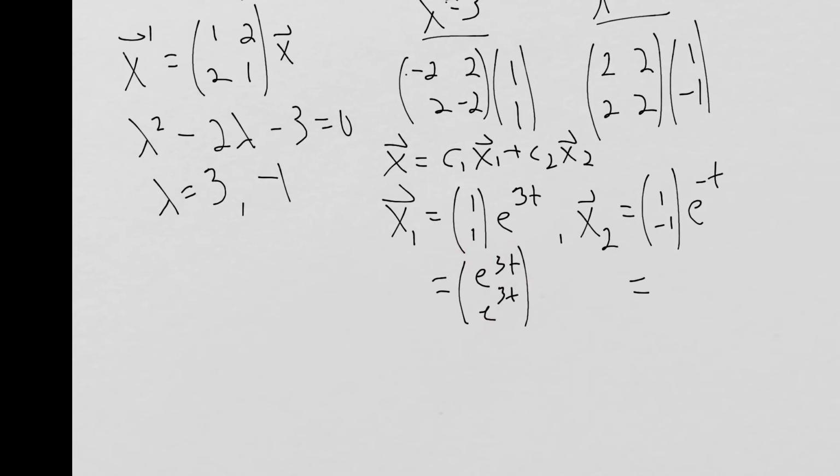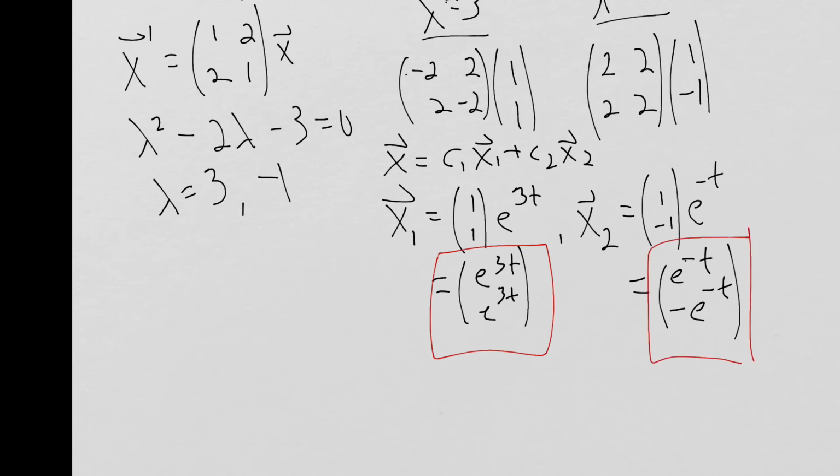And x2 would be e to the negative t positive in the top, and then negative e to the negative t in the bottom. So these are the two pieces that I'm going to use in my fundamental matrix.